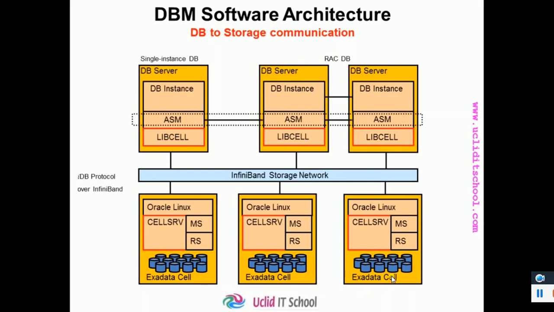For any storage request, for any IO request, the cell server communicates with the database server. On the database server, you have a special library which is responsible for communicating with the cell server. This library is generally called libcell.